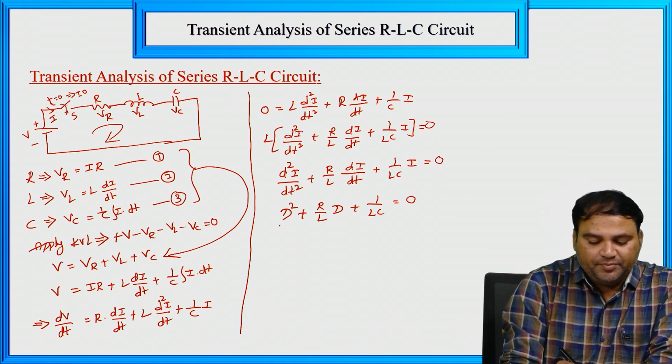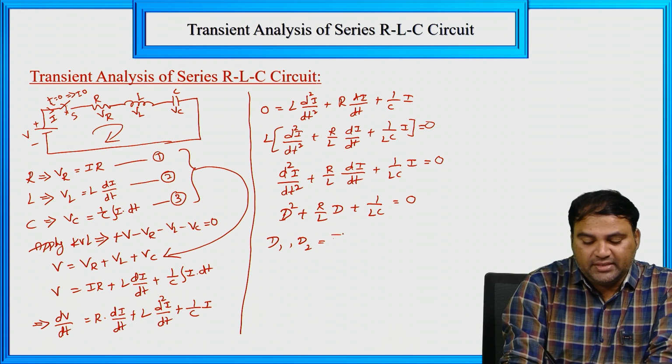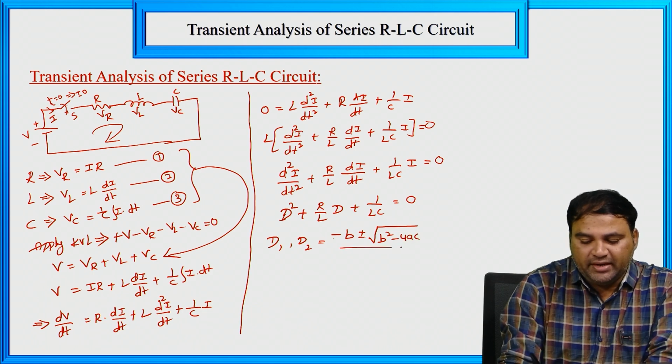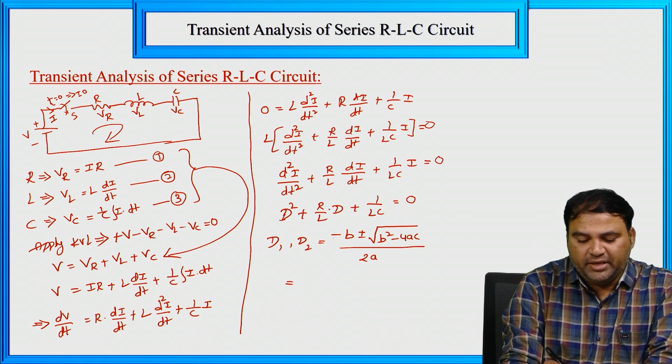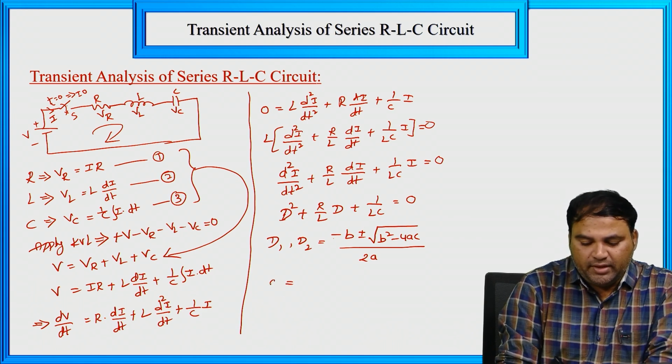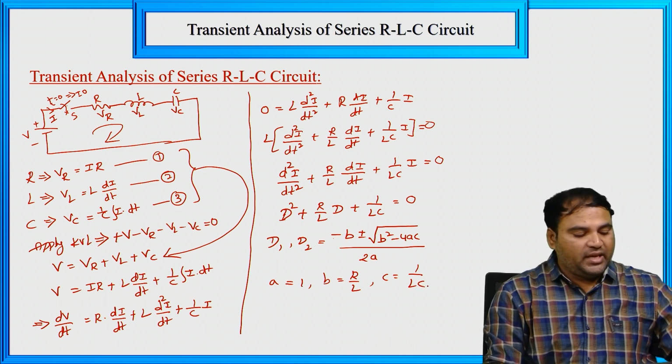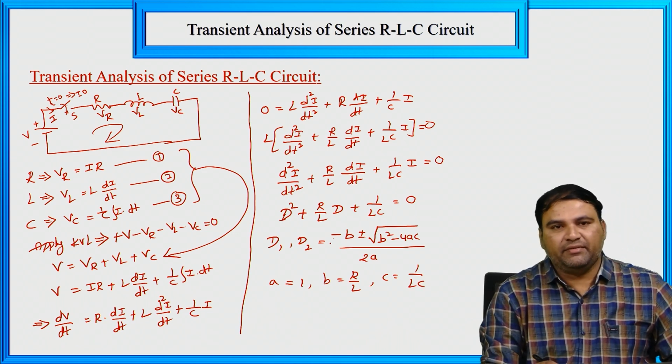So for that, the roots D1 and D2 equal to minus b plus or minus under root of b square minus 4ac divided by 2a. What are a, b, c here? a equal to 1, b equal to R by L, and c equal to 1 by LC. Now substitute these a, b, c values in the D1, D2 equation.